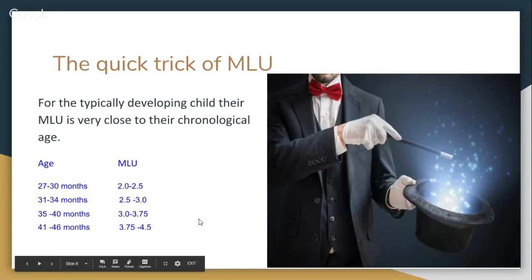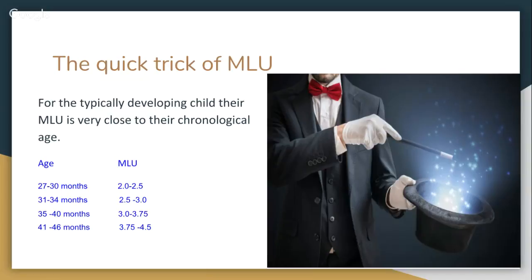After about 5 years old, we tend to not use MLU to describe a child's language any longer. The reason is that if a child is developing typically, we would expect that their language is now quite complex. And so it has prepositional phrases and conditional statements and tags, such that it would no longer be meaningful to use the MLU as a measurement tool.